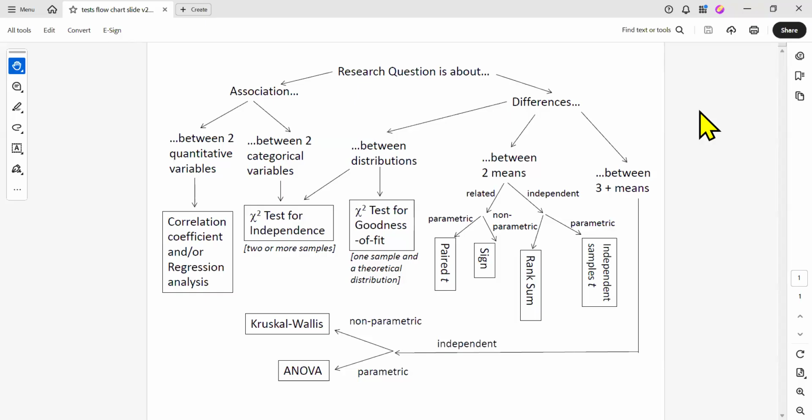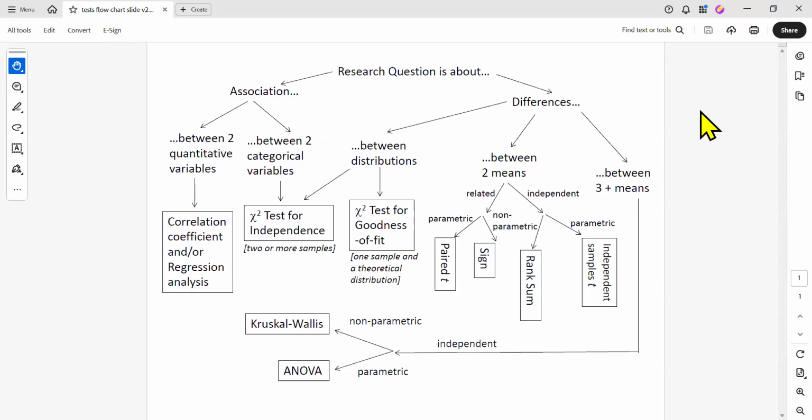So most tests that you go on to use at a higher level are going to be based on one of these types of analysis. And so once you understand the difference between these simple tests, then you'll be able to extend that knowledge to find the correct test for much more complicated experimental designs later.